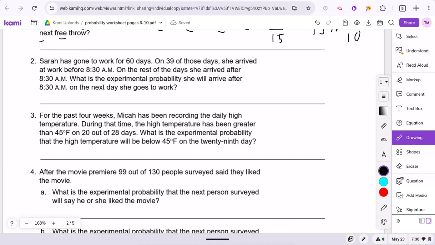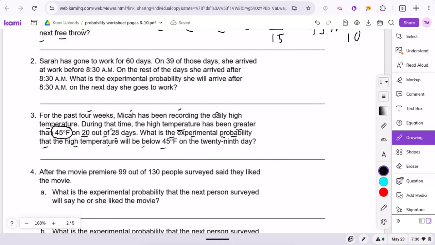Number 3, for the past 4 weeks, Micah has been recording the daily temperature. During that time, the high temperature has been greater than 45 on 20 out of 28 days. What is the experimental probability that the high temperature will be below 45 degrees on the 29th day?